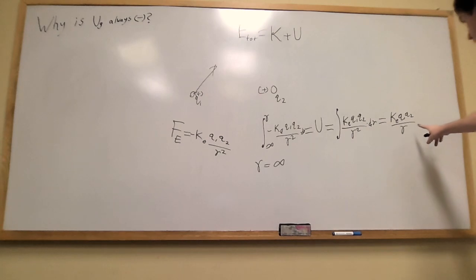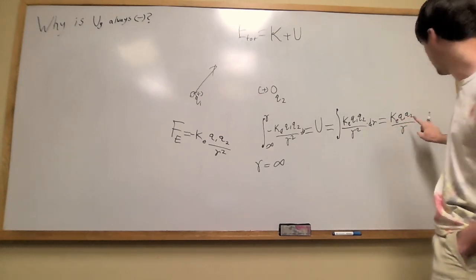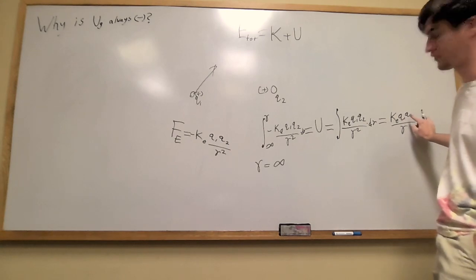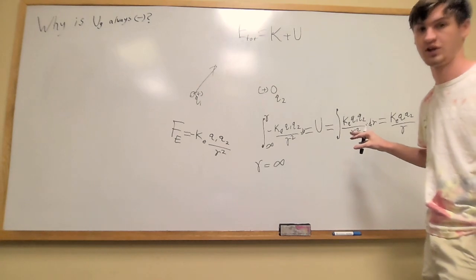Notice that this is positive. This is when it's defined as an attraction, where Q1 is the opposite sign of Q2. This would be a negative quantity. Again, negative potential energy, which is kind of weird.